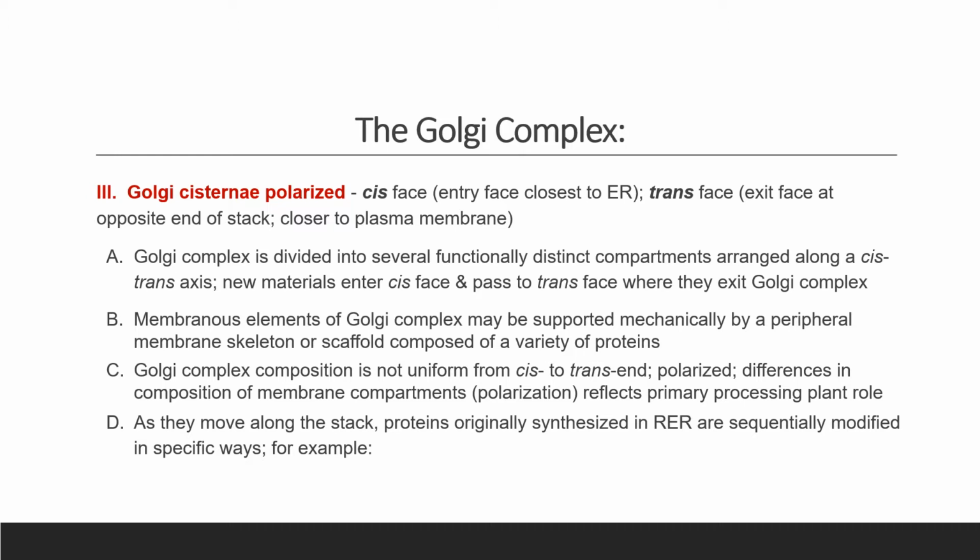The Golgi complex composition is not uniform from cis to trans end. It is polarized. Differences in the composition of the membrane compartments reflect its primary role as a processing plant, and as proteins move along the stack, those originally synthesized in the RER are sequentially modified in specific ways.